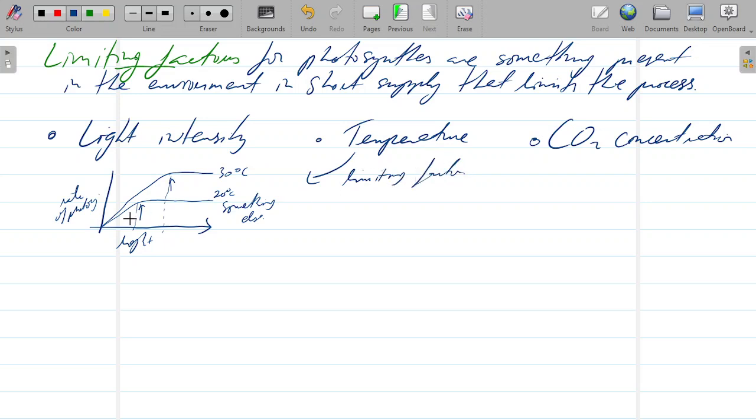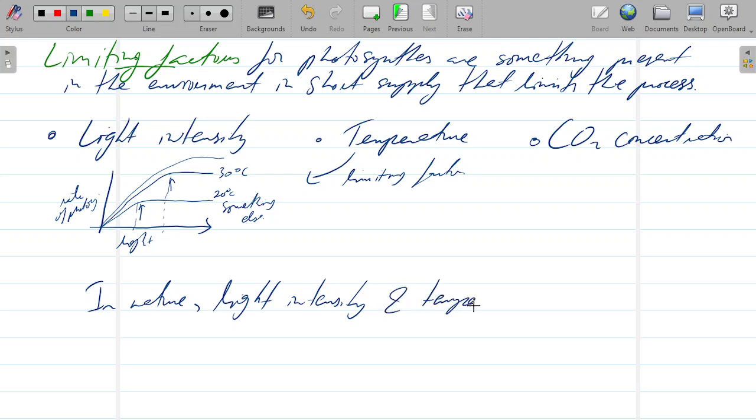You can also do this by increasing the carbon dioxide concentration. You see that it's going to go up further, because it has more carbon dioxide. In nature, it is basically light intensity and temperature that are limiting factors.